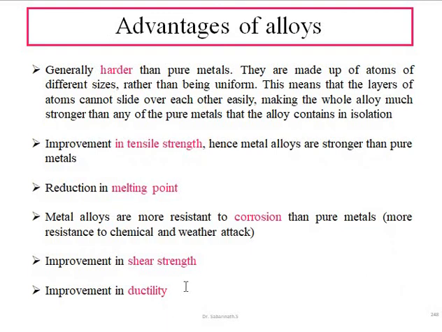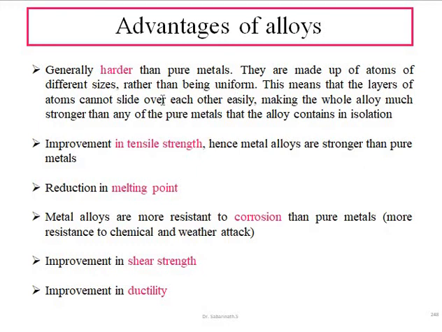Some advantages of these alloys is that it will make our parent metal harder. This alloying will make it harder. So how will it make it harder? This explanation is given here. They are made up of atoms of different sizes, as we have discussed earlier, rather than being uniform.